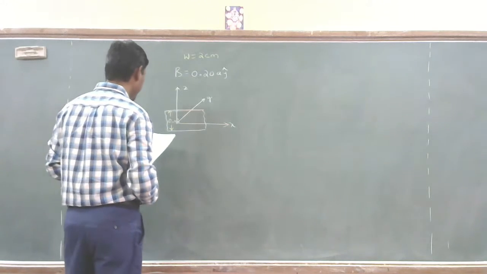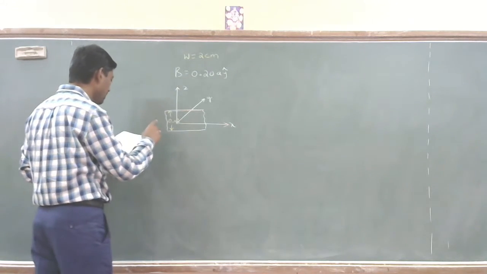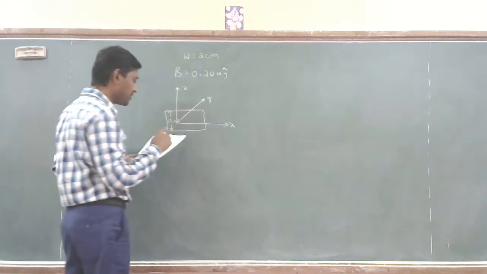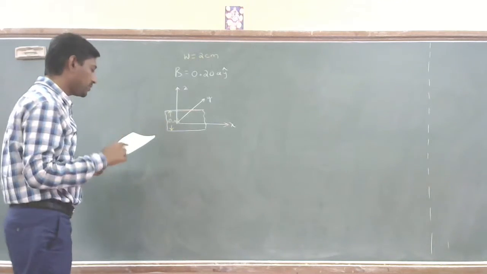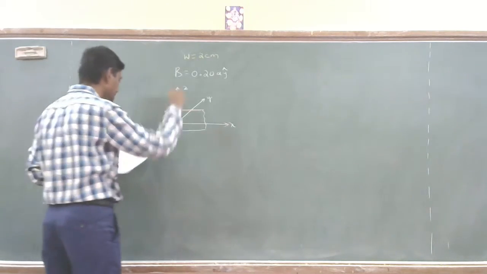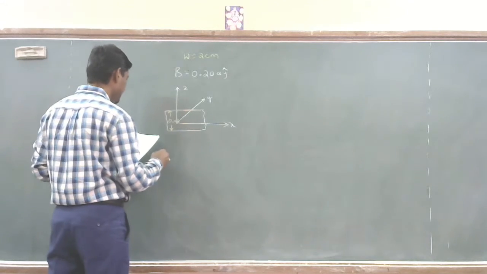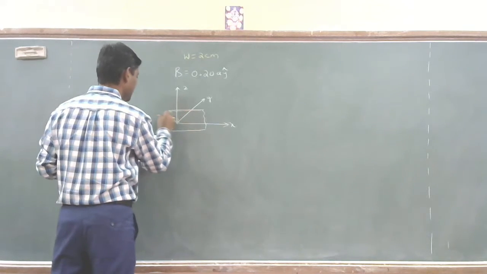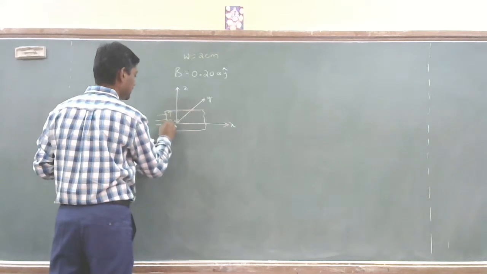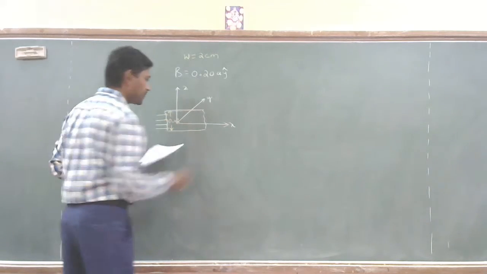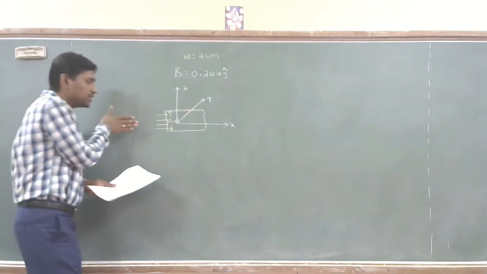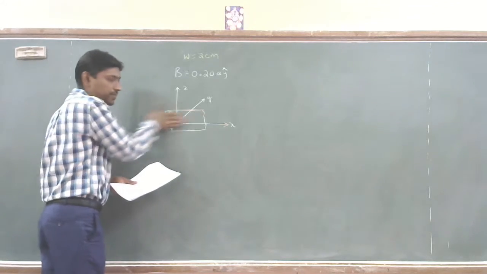And what is given is a strip 2 centimeter wide carrying a current of 15 ampere in the az hat direction. So you have current flowing like this in this one. So the current is flowing in the sheet of the strip.